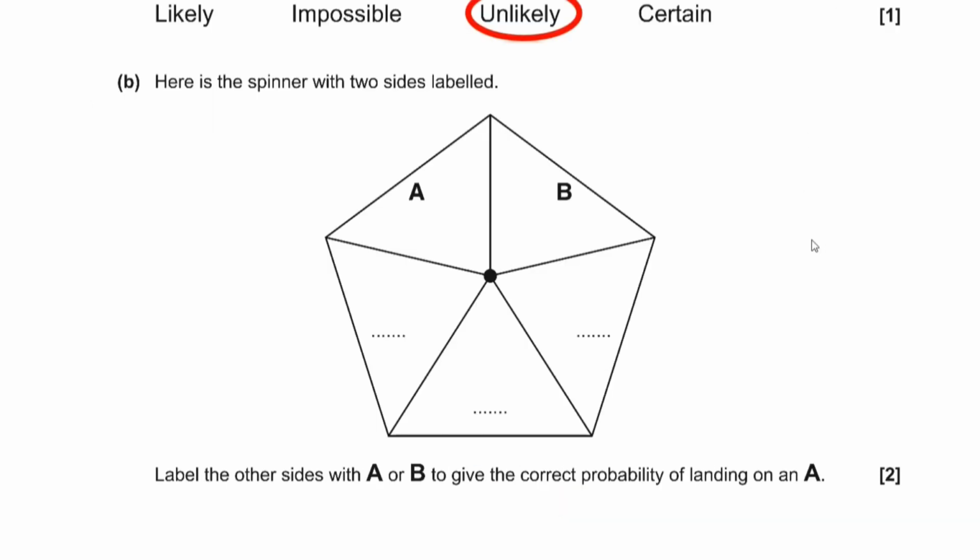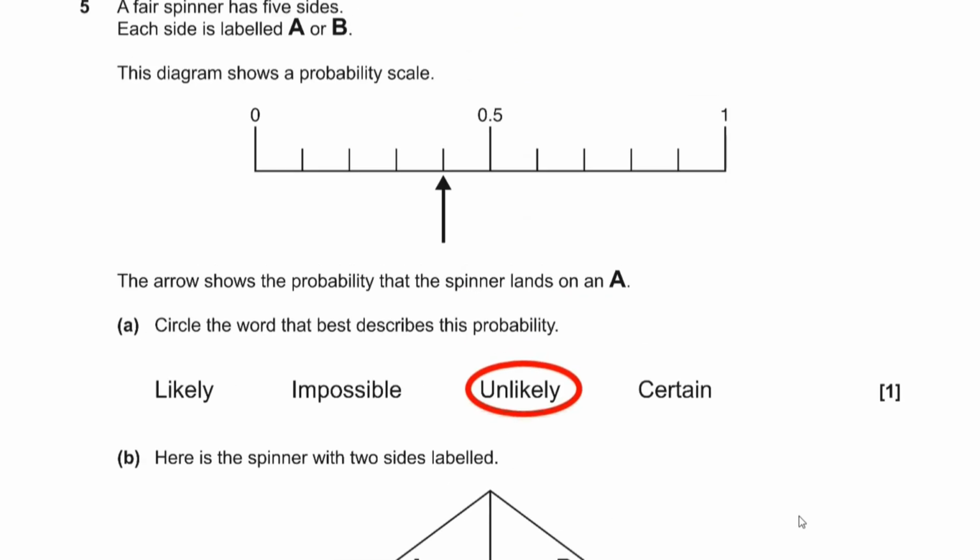Part B, here is the spinner with 2 sides labelled. We've got A and B. We have to label the other sides with A or B to give the correct probability of landing on an A. Well, what is the probability of landing on an A? The probability of landing on A is equal to 0.4.